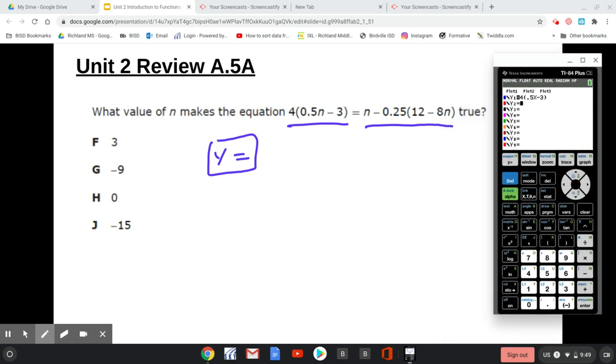I have 0.25, I'm sorry, I have x minus 0.25 times 12 minus 8x.